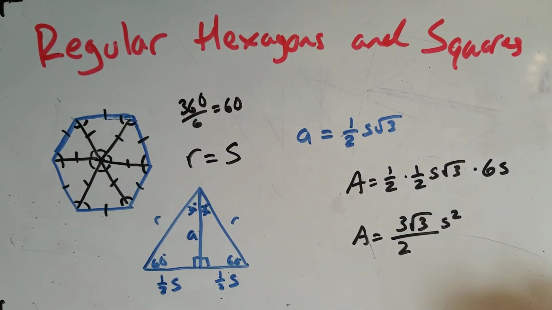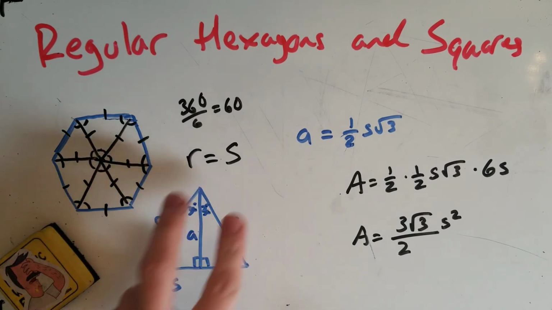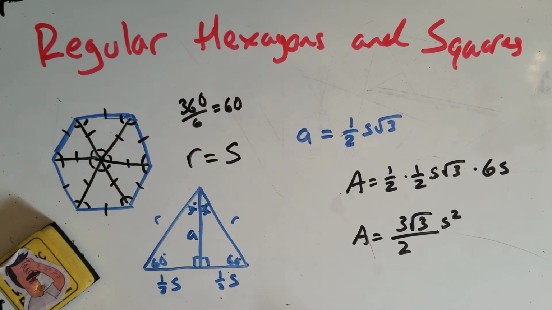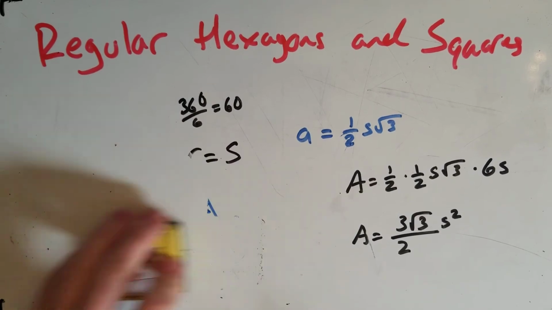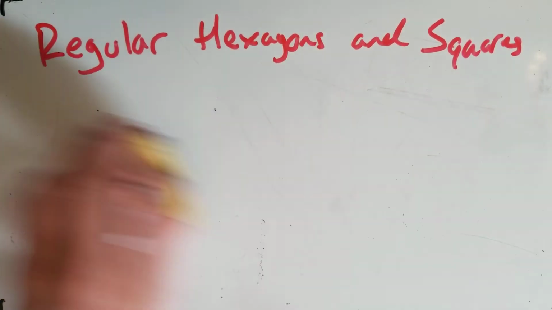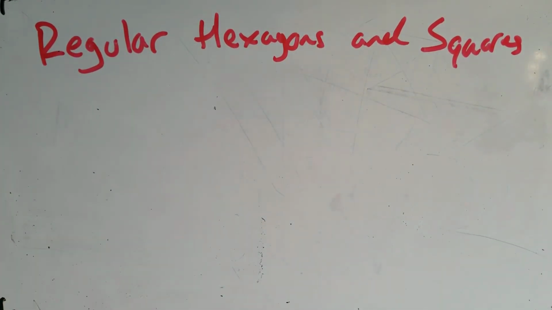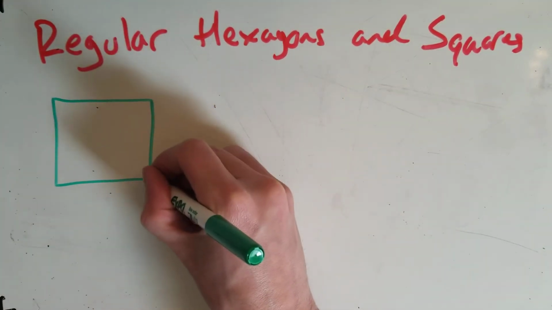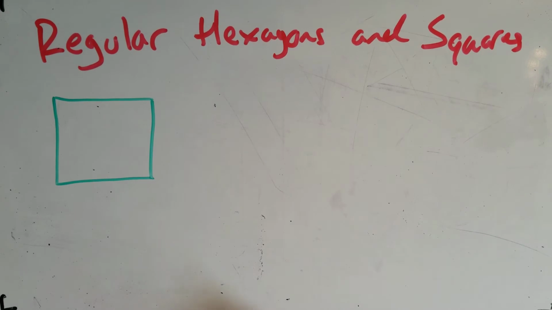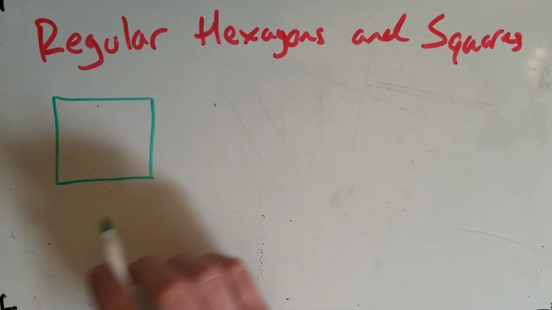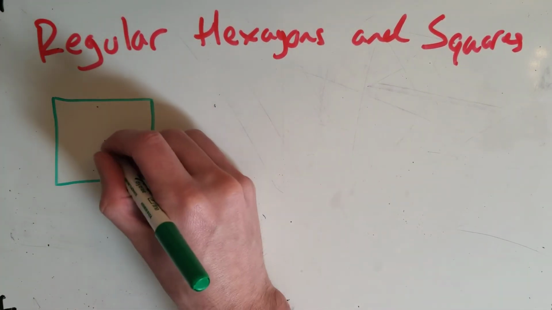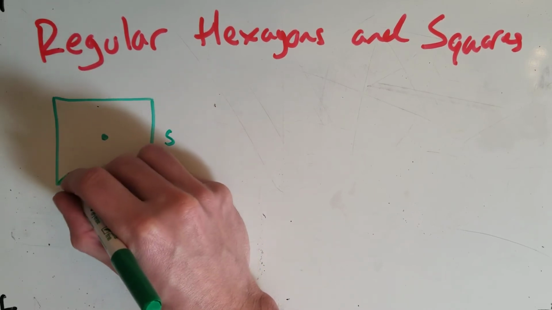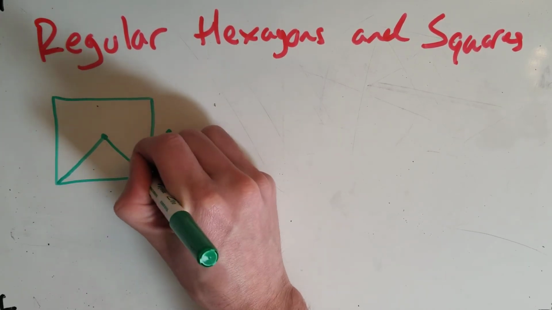It's nice to know these little bits of information, the relationships between the radius and the side, things like that. Now we're going to work into some of the special relationships with squares, or a regular quadrilateral. So in a square, that's a decent-ish square, let's say we know the side length, and we draw in our radii.